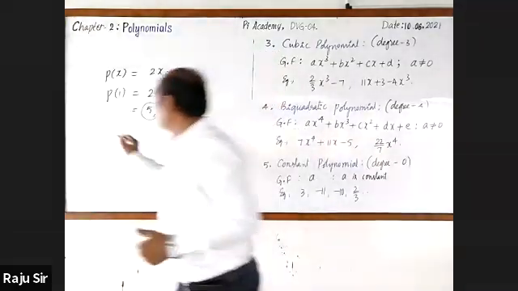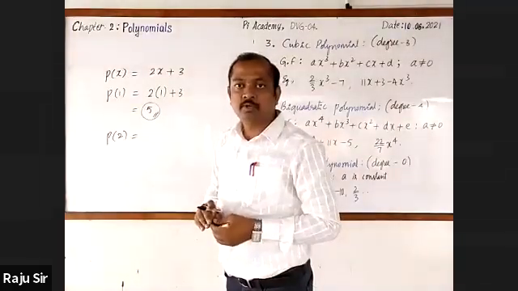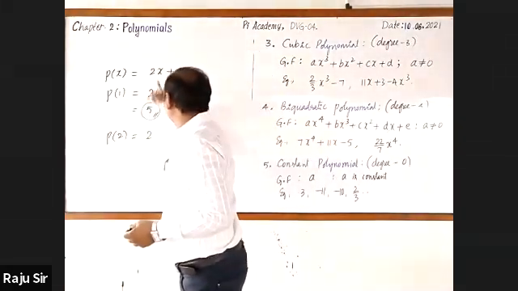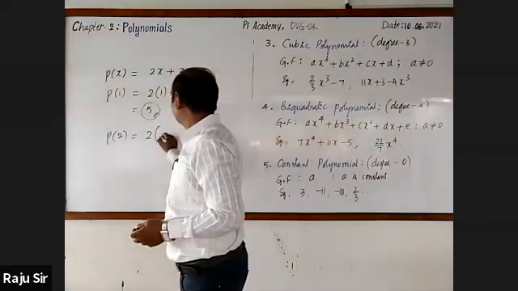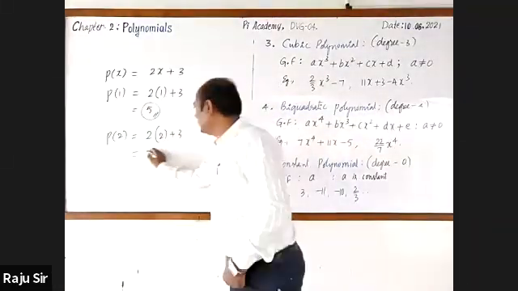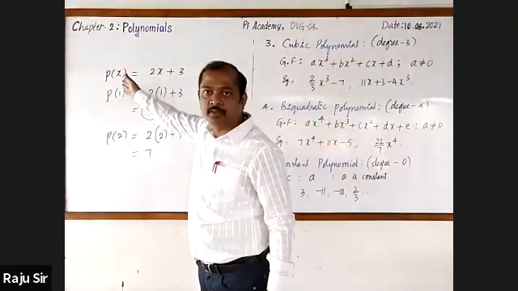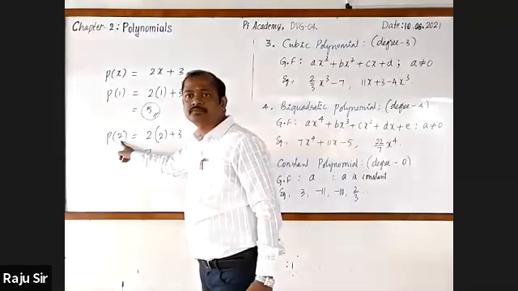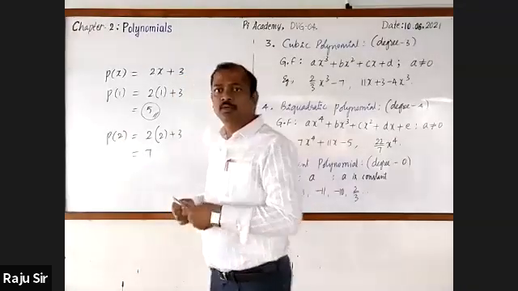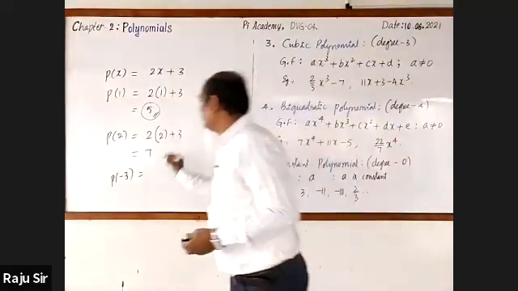Okay. Now, if I take 2 in place of x, it will be 2 into 2 plus 3. 2 2s are 4. 4 plus 3, 7. 7 is called the value of the given polynomial when x is 2. Not only this, I'll take a negative number, minus 3.